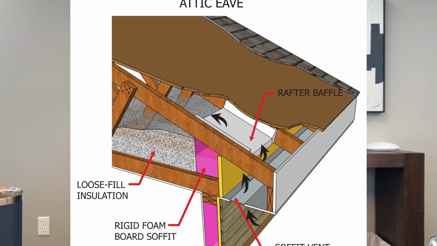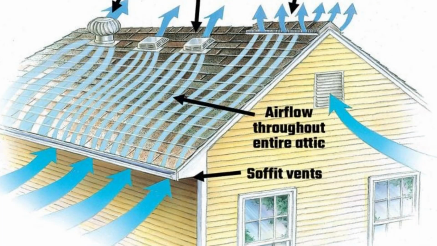Accompanied with the soffits should be baffles. They're insulation baffles that are installed in between each of your trusses or your rafters to allow that continuous air gap from the soffit up into the attic space. So baffles are really important to allow that air to continue to flow. Without that, soffits are useless.